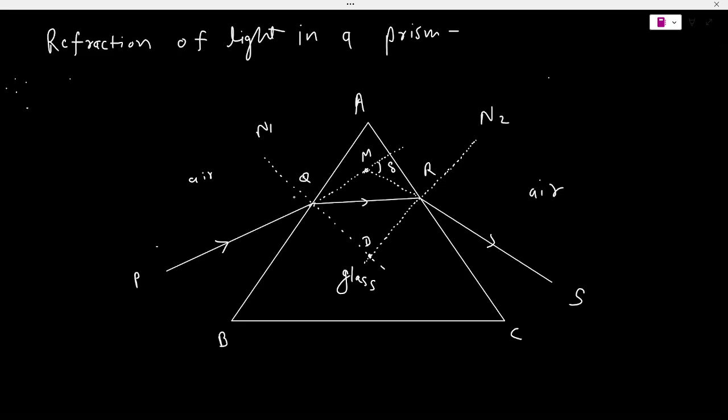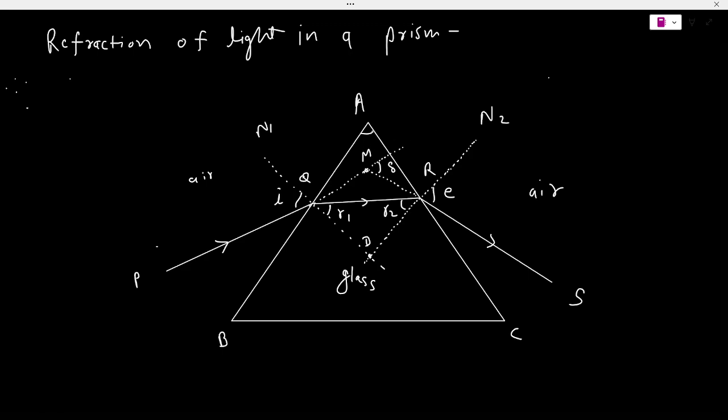Now this is called the angle of incidence and this is called the angle of emergence. This is called the angle of refraction R1 and this is R2. So we have mentioned all the angles: I, R1, R2, E, and del is the angle of deviation and A is the angle of prism.